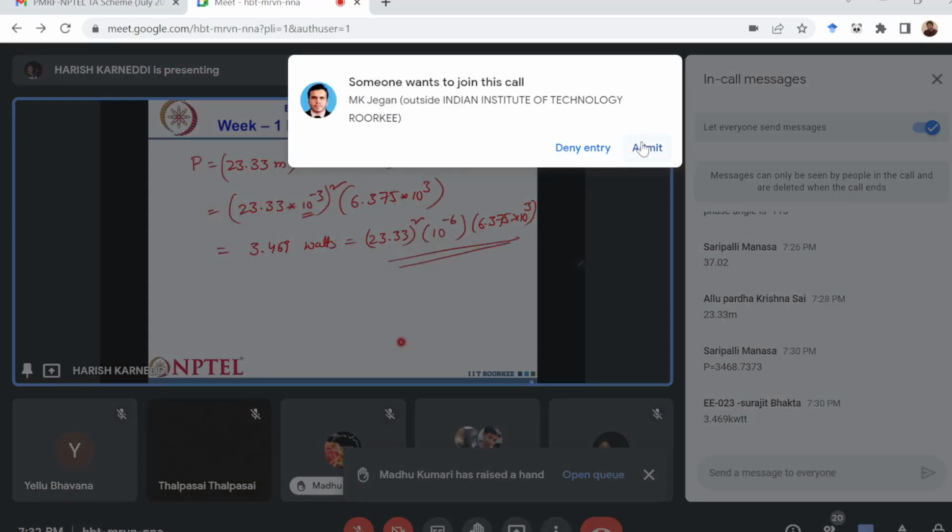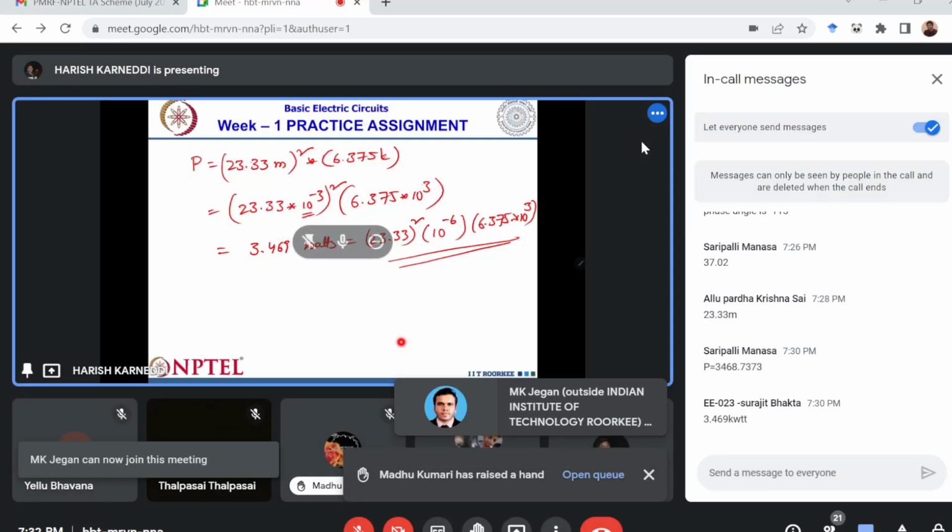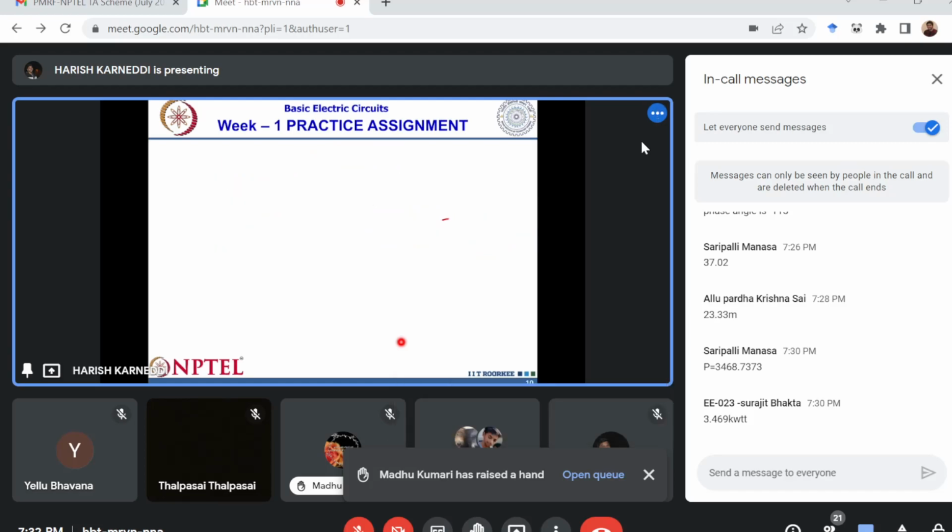You can multiply this and recheck it. It will be 3.469 watt.